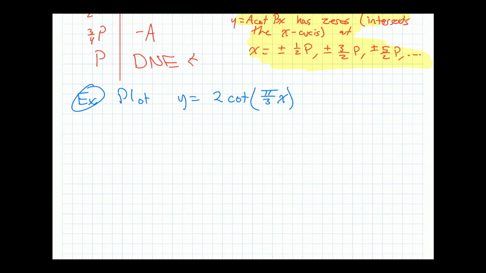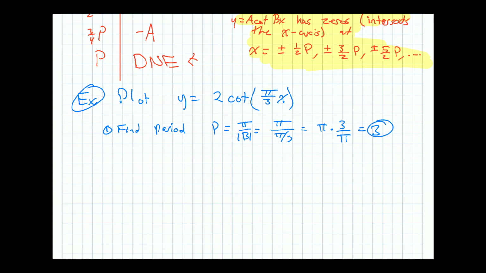To plot that, we need the period. Find the period. P is pi over b, absolute value. So it's pi over 3. Now remember, you divide by a fraction, that's the same thing as multiplying by the reciprocal. So you have pi times 3 over pi, that's 3. Okay, so there's your period.